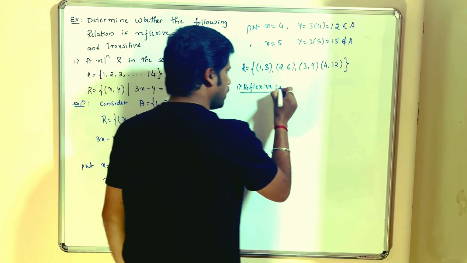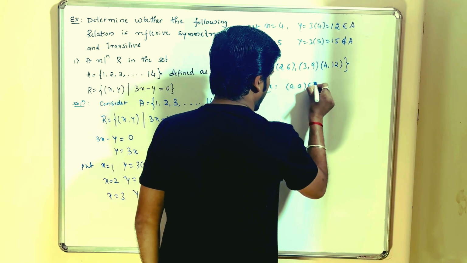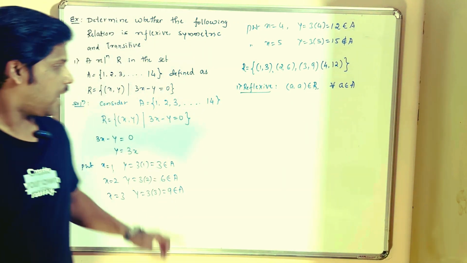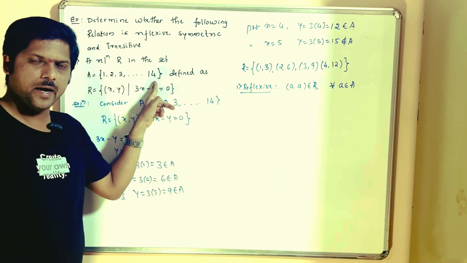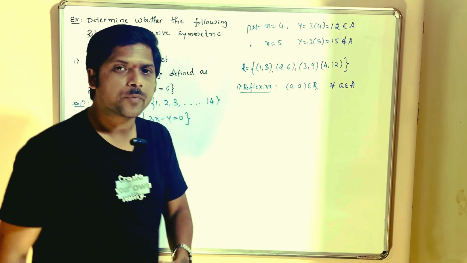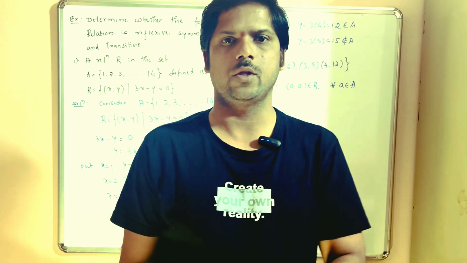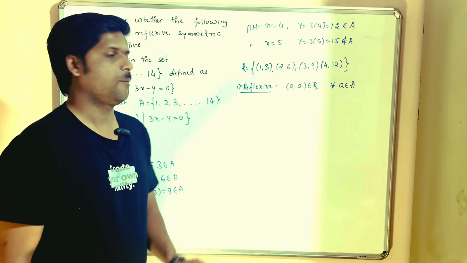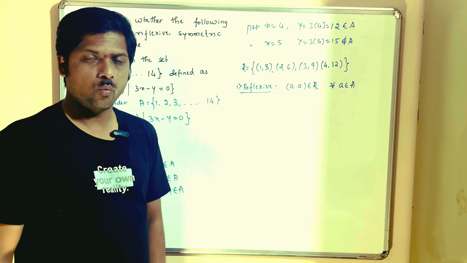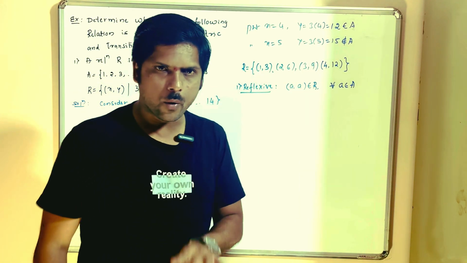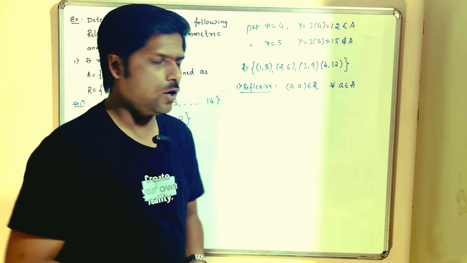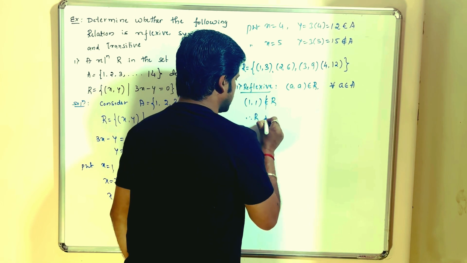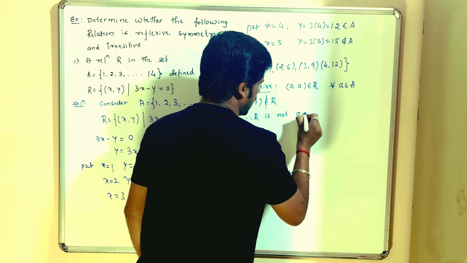What is the definition of reflexive? (a, a) belongs to R for every a belonging to the set A. In the set A we have a total of 14 elements, right? 14 elements ಇದ್ದರೆ ನನಗೆ ಏನು ಇರಬೇಕು? ಮಿರರ್ ಇಮೇಜ್ ಇರಬೇಕು. (1,1), (2,2), (3,3), (4,4) and so on up to (14,14). ಆ 14 ಇರೋದು ಬಿಡಿ, ಇಲ್ಲಿ ಒಂದೂ ಇಲ್ಲ, ಒಂದು ಮಿರರ್ ಇಮೇಜ್ ಕೂಡ ಇಲ್ಲ. ಹೌದಾ? (1,1) ಇದೆಯಾ? ಇಲ್ಲ. So directly write down: (1,1) does not belong to R, so therefore R is not reflexive.